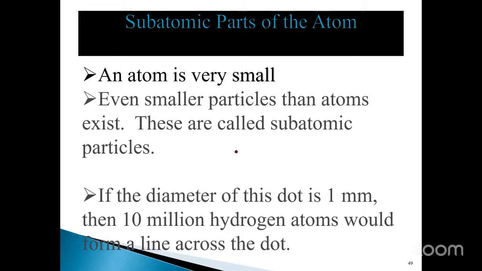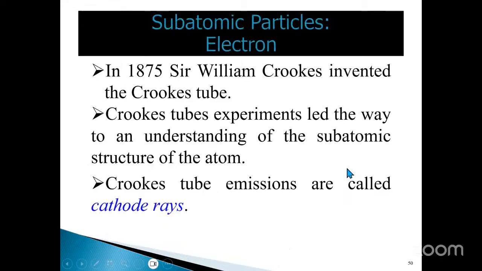To give you an idea of how small an atom is, imagine that this dot has a diameter of 1 millimeter right across. You can fit 10 million hydrogen atoms across that line from one side of the dot to the other. So that gives you a picture of how small a hydrogen atom is.